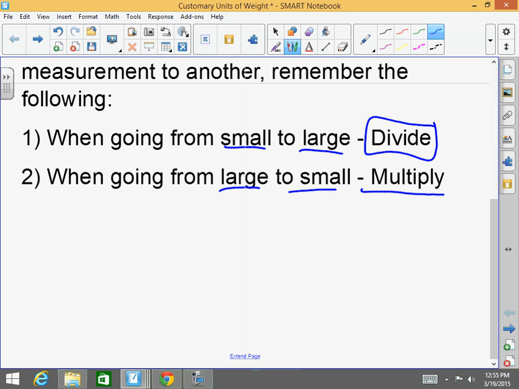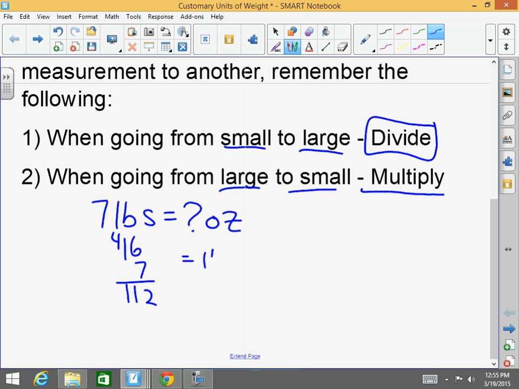So for example, if I said, I have 7 pounds, how many ounces? Well, I'm going from large to small, so I'm going to multiply. There's 16 ounces in every pound. So 16 times 7, that's going to be 112 ounces.